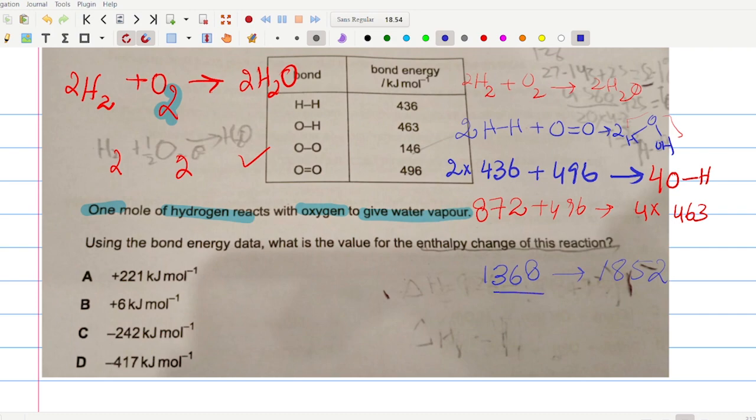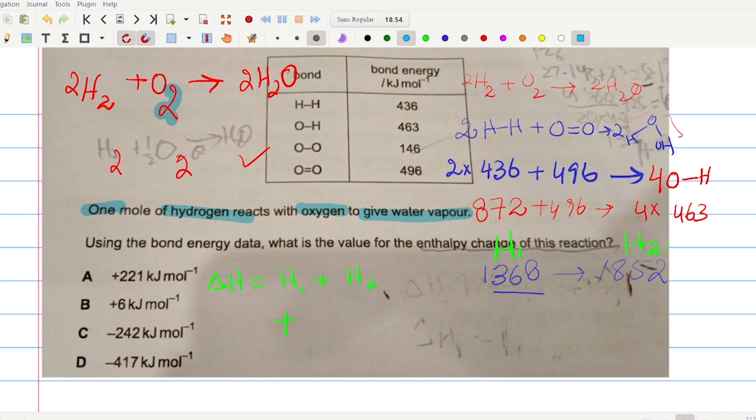These are the energy changes for the reactants, and we will call it ΔH1. This one is for the products, ΔH2. What we will do, we will write the values like this: ΔH1 plus ΔH2. ΔH1 is the heat energy absorbed to break the bonds of the reactants, so it will always have the sign of plus.